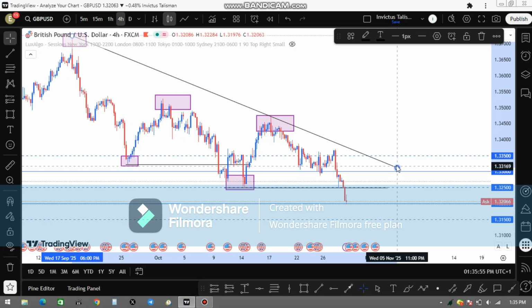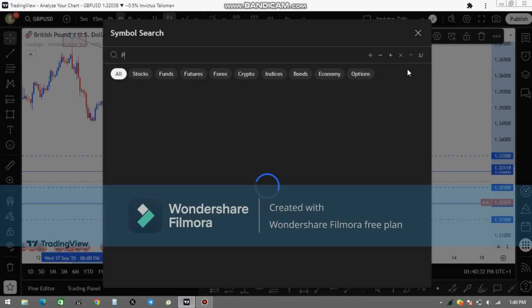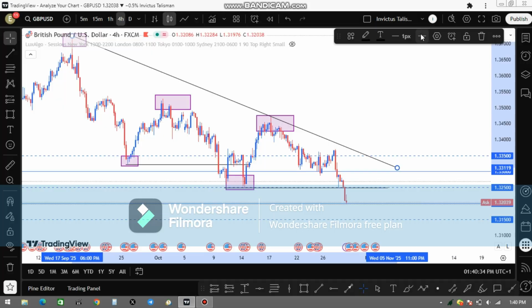So what you actually want to do is pair this up with either support and resistance or supply and demand. I advise that you blend this with support and resistance or supply and demand, and you should actually wait to see price return to your trend line on 15 minutes.